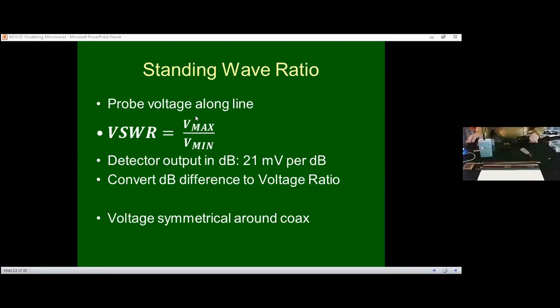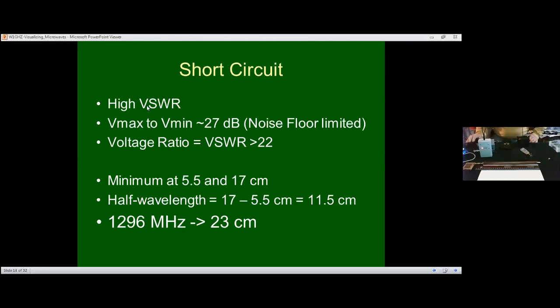So, all right. With the short circuit, again, just to review, we did a high VSWR. When I measured it, the ratio of max to min was 27 dB, which is a VSWR of greater than 22, so that's pretty good.